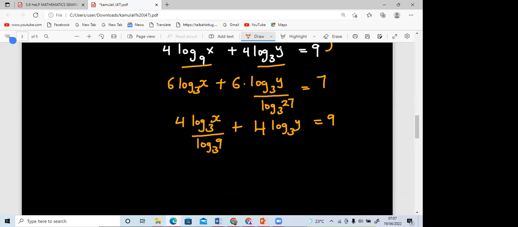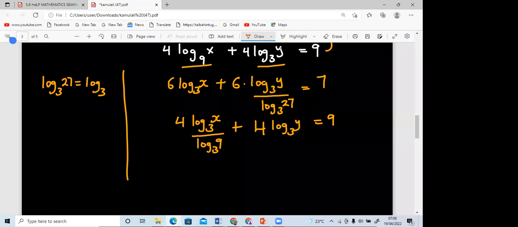Okay, good. So the next step is I'm going to reduce between 7 and 9. What do I know very well? That when I have log of 27 base 3, this is log of 3 cubed. Then I ask myself, what is 27 in form of a base and power? That is the same as 3 to power 3.